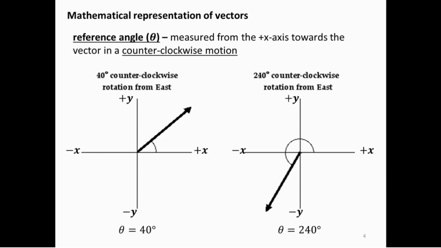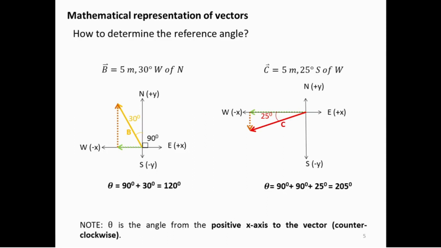And you also learned that for those vectors that are not lying directly along a certain axis, we can always represent them in terms of a reference angle, which is represented by the mathematical symbol theta, a Greek letter. And you also learned how to determine the reference angle. It is the angle from the positive x-axis to the vector in the counterclockwise direction. You have to remember that one.